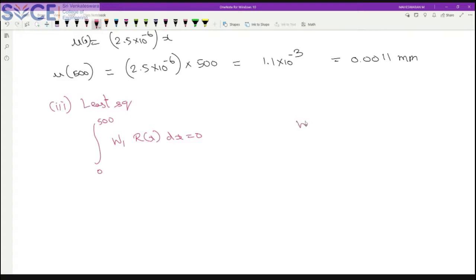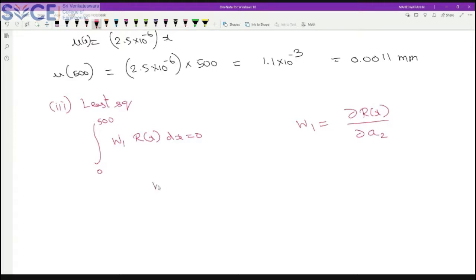What is this w1? W1 is partially differentiating your R of x with respect to the constant. We have a constant a2, so I partially differentiate with respect to a2, multiply with R of x, and integrate it. This is the least square method.